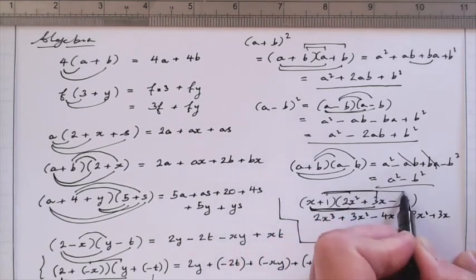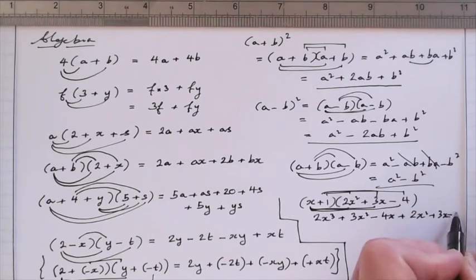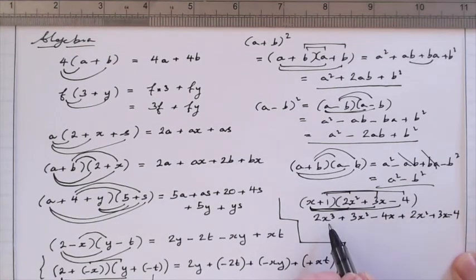And then finally 1 times negative 4 is minus 4 there. I shouldn't have said banana, pear, apple, because I was saying that apples are numbers, pears are x, and bananas are x squared. So I apologise. It's actually a terrible fruit analogy.